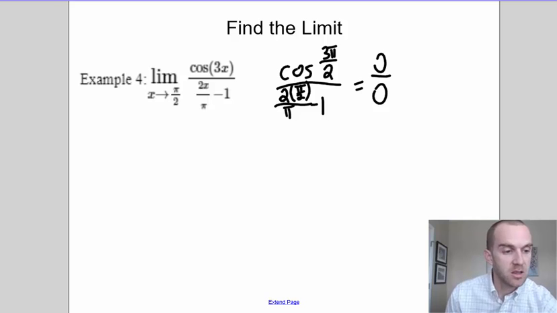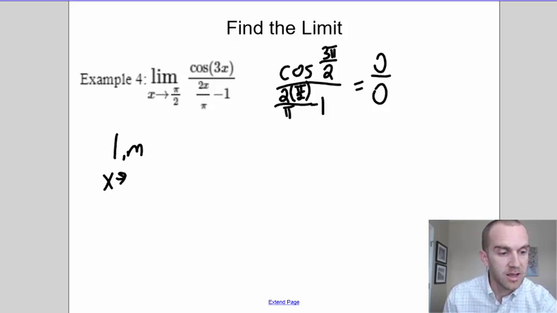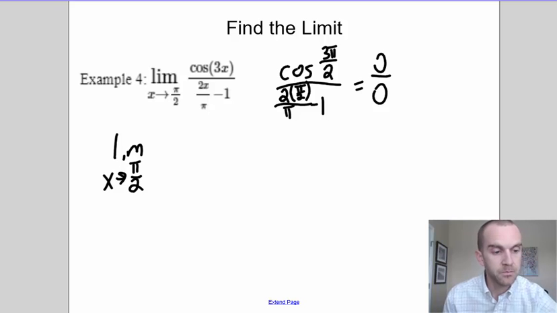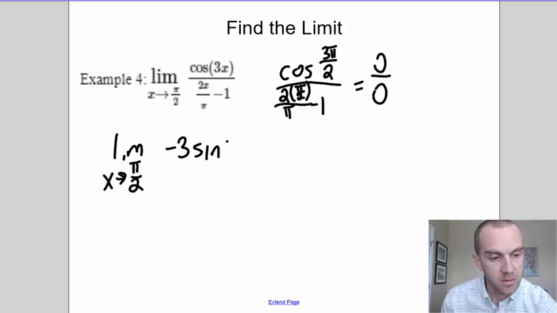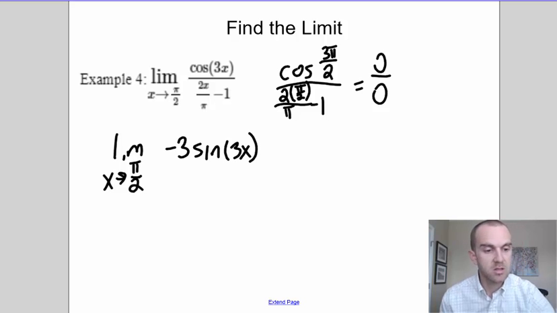So we need to take the derivative of each of these. So I'm looking at the limit as x approaches pi over 2. Well, the cosine of 3x, its derivative, would become negative 3 sine of 3x, because the derivative of cosine is negative sine, and the derivative of 3x is 3.